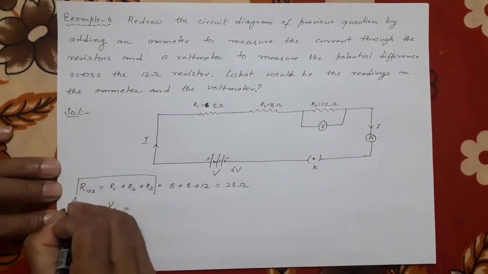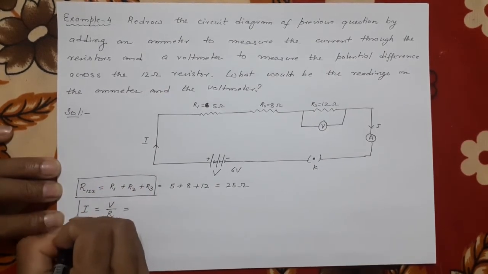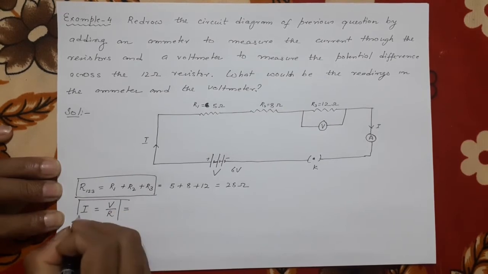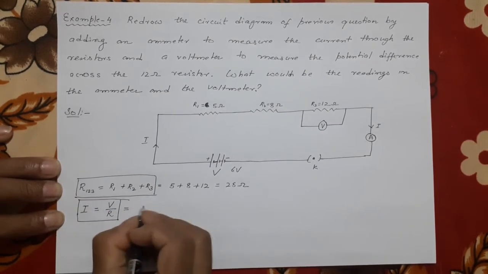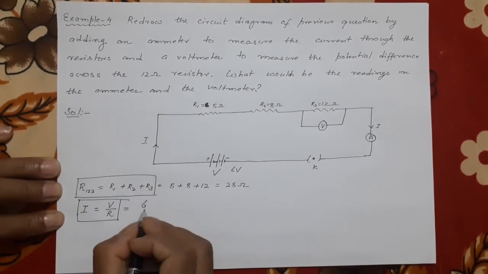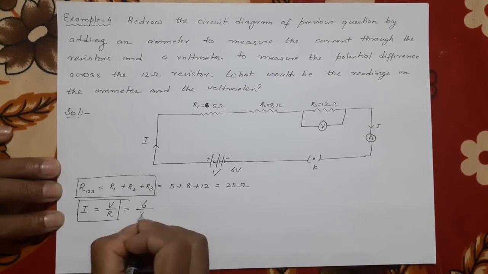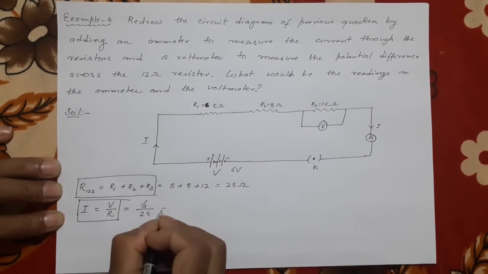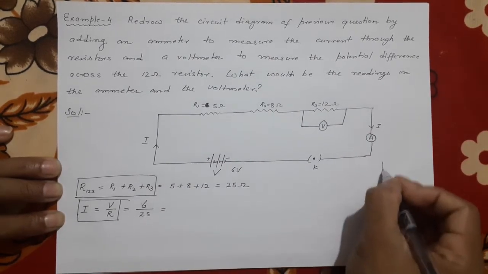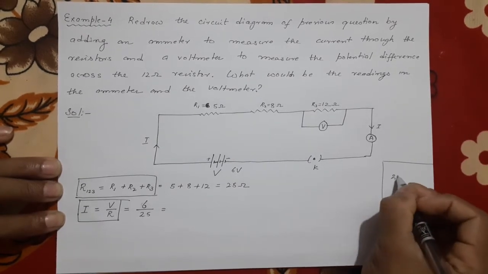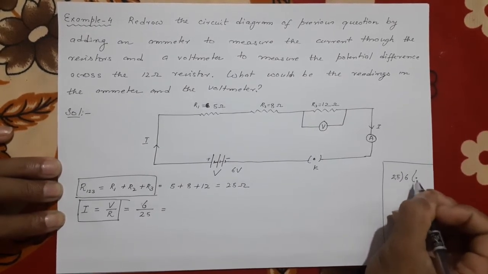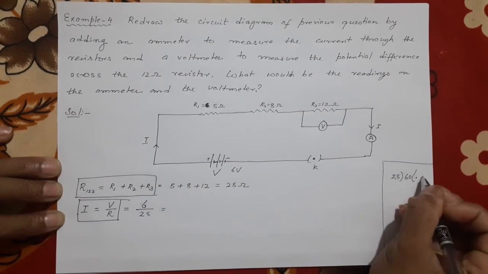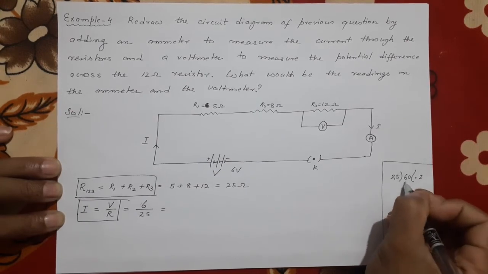This is also a formula and this is also a formula. What is V? 6. What is R? Just you got 25. So 25 is going to divide 6, means 60. 25 2s are 50.